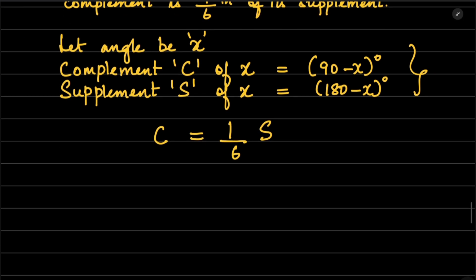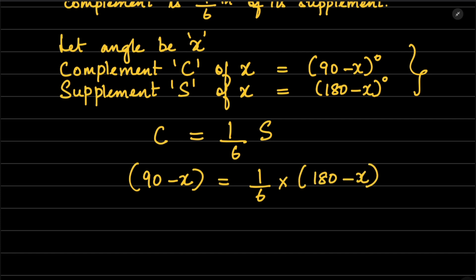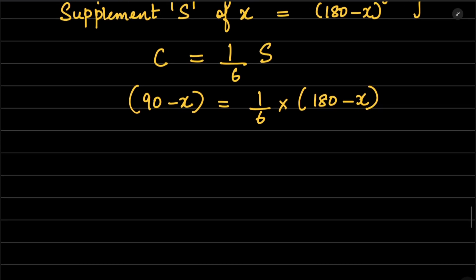So now replace it. What is complement? C is equal to 90 minus x, which is equal to 1 by 6th of your supplement, 180 minus x. Now can you solve for x? Yeah.